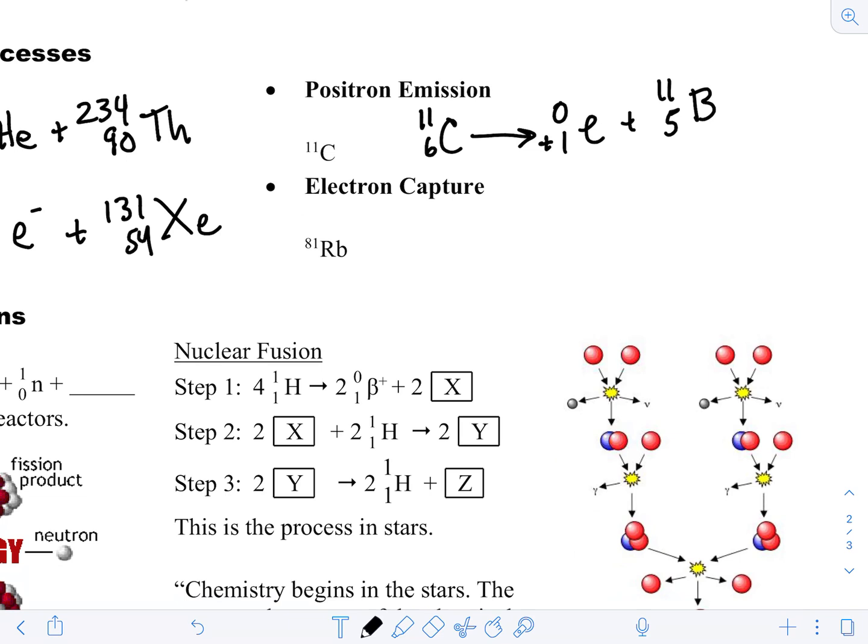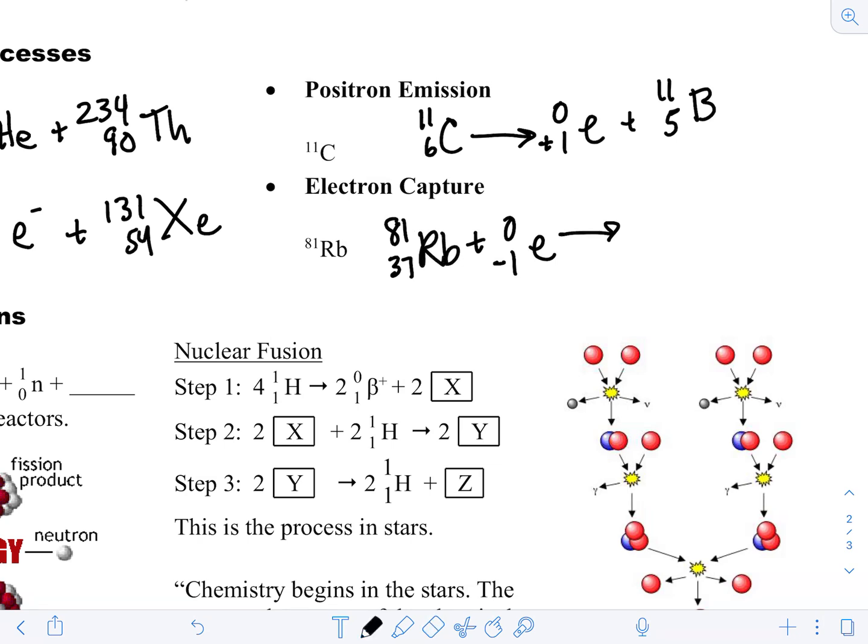Okay, and then the last one here is electron capture. So we want to look up rubidium's atomic number. When we look up rubidium, it's 37. Now we have to add the electron to the reactant side because it's capturing that electron.